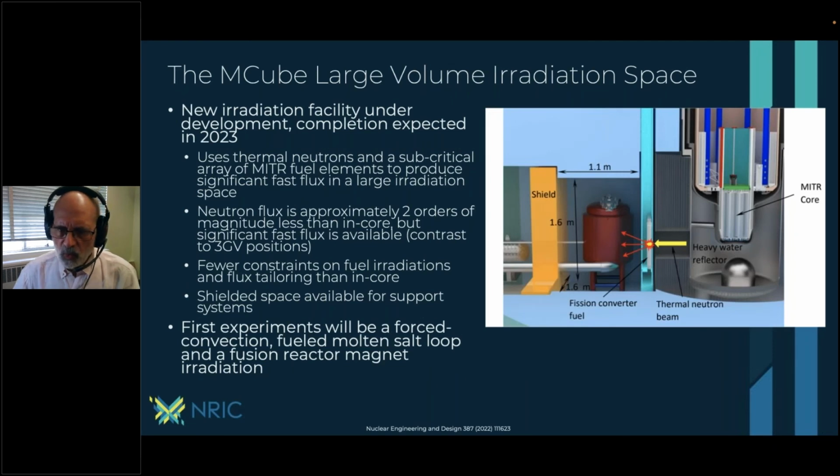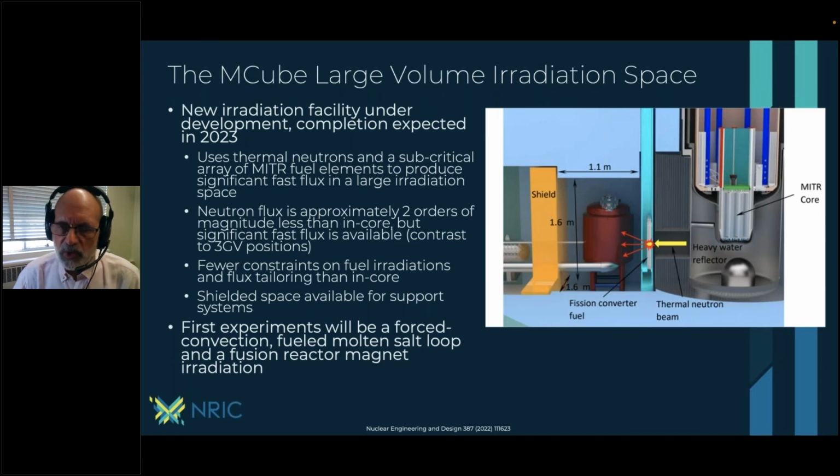Okay, so the one I also wanted to just mention fairly briefly, we are in the process of developing a large volume irradiation space. So in core, we have a few centimeters diameter by maybe 50 centimeters long sample volume available, a little bit bigger than that in the reflector positions, but not significantly.